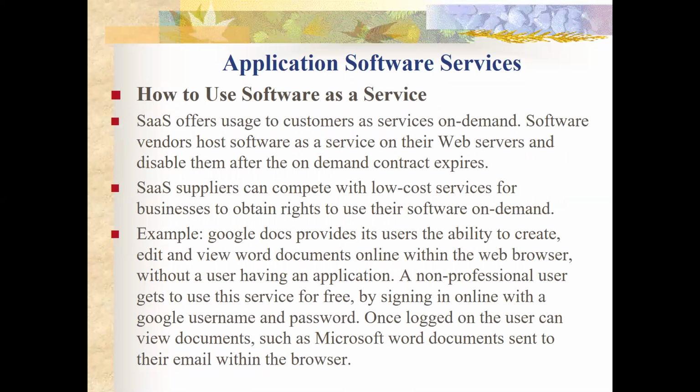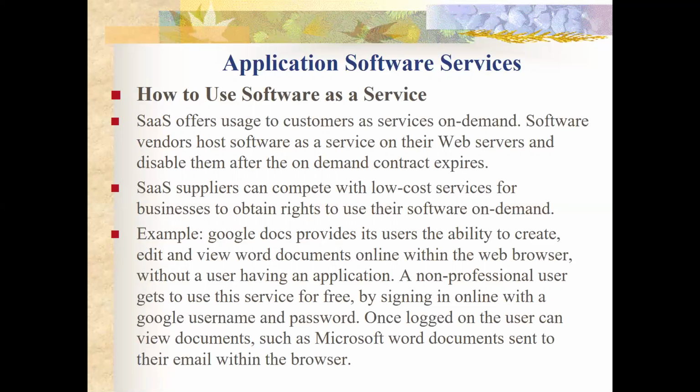Okay, how do we use it? Software as a service offers usage to customers as a service on demand. Again, when we use cloud computing, we log in and configure to create what we want.